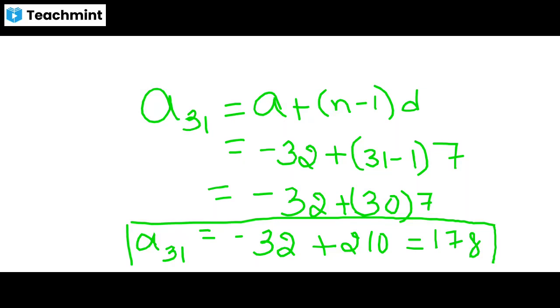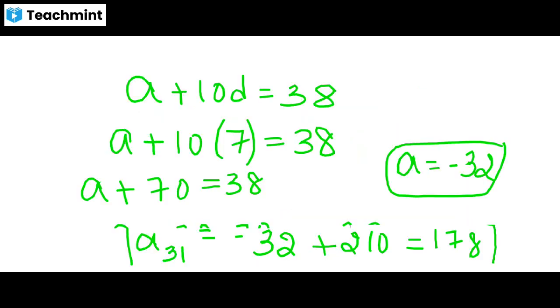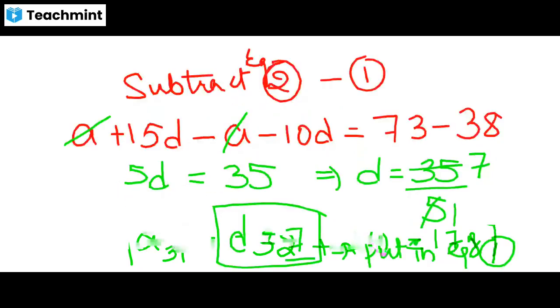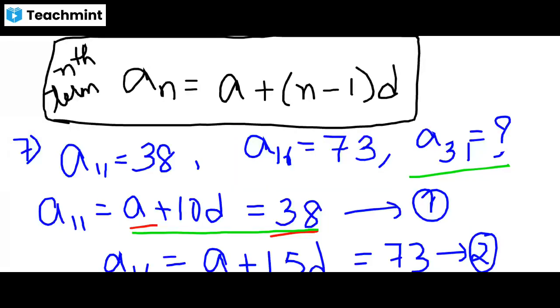What is given, that you should understand. What have they given in the question? The 11th term is given. So when the 11th term is given, first you should write the 11th term, then the 16th term, then you should find the 31st term. The 11th term is a plus n minus 1 into d. a we don't know, so write a as it is. Now n minus 1 is 11 minus 1, 10.